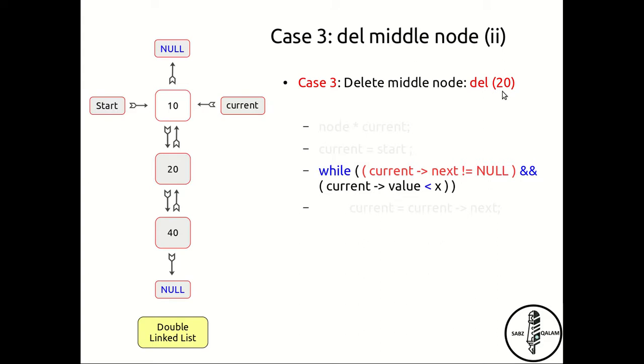Now, this is interesting because notice my double linked list is actually sorted. So 10 comes first, then 20, and then 40. You can actually design your double linked list to be sorted using the add function. So if you're trying to add, let's say 30, it doesn't get added after 40.